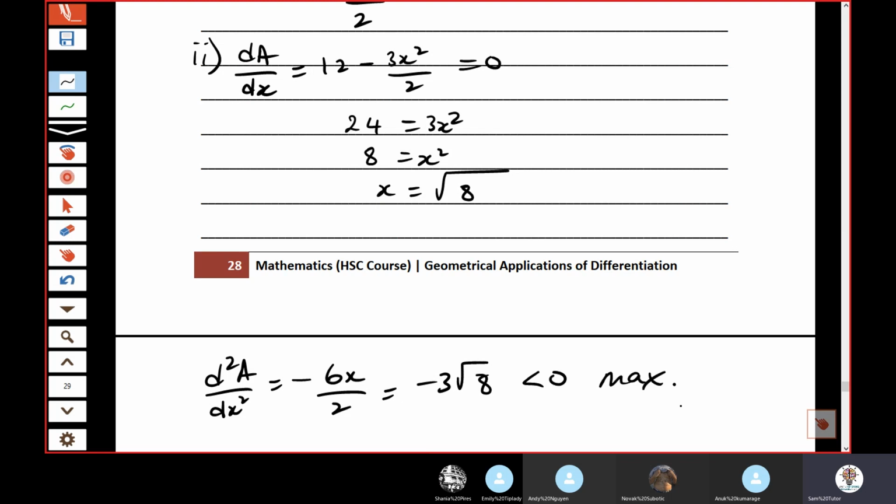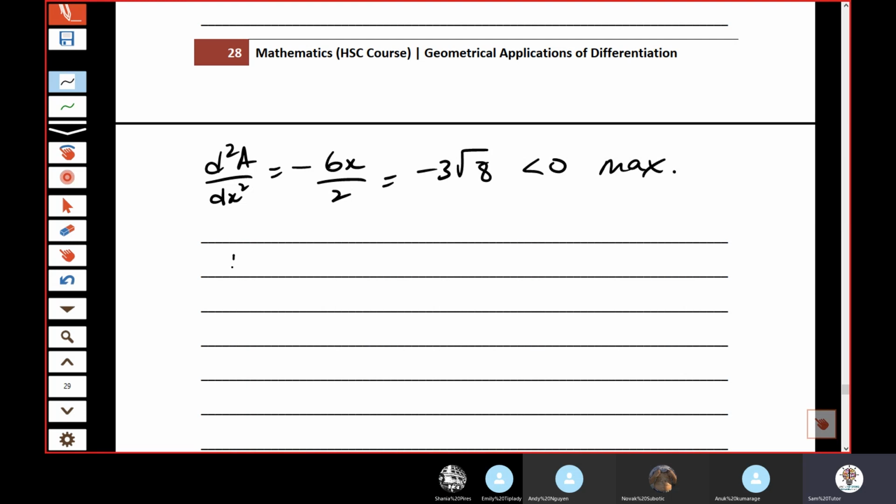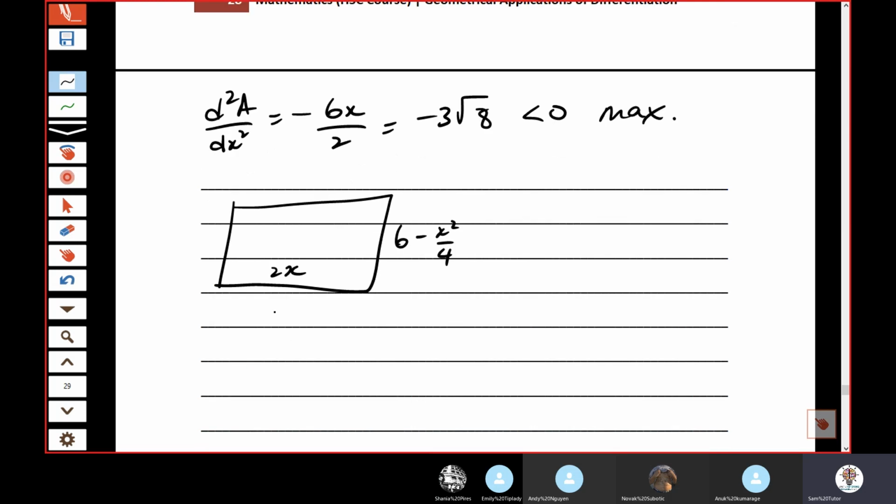But we're not done, because the question said to find the dimensions. I think we said 2x here, and what was this one? 6 minus x squared on 4. So the dimensions equal 2 root 8 and 6 minus root 8 squared, which is 8, and 8 on 4 is 2.